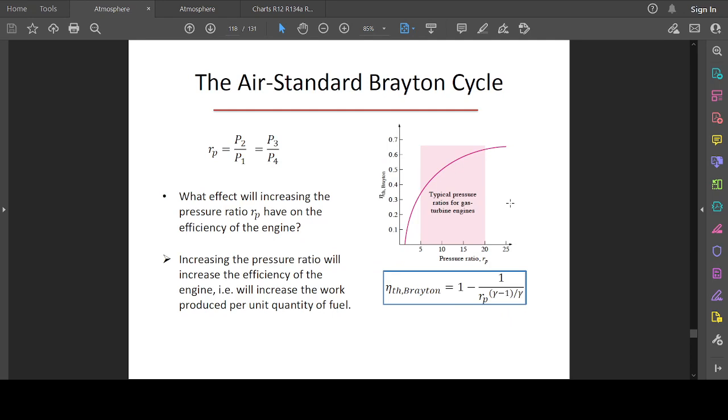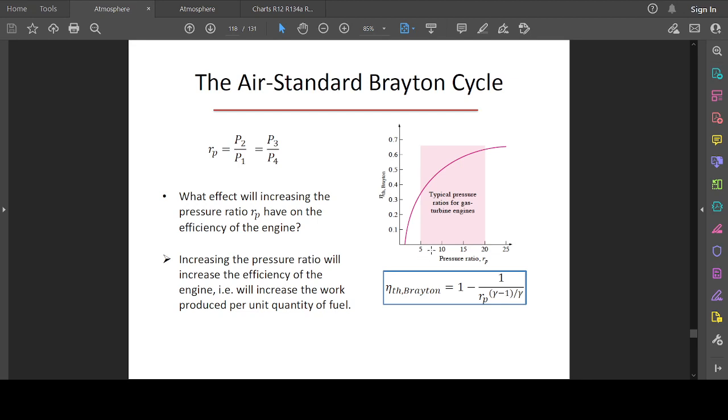The pressure ratio, as we know, will affect the performance of an Air-Standard Brayton cycle. But how does it do it? Increasing the pressure ratio will increase the efficiency of the engine, and this will increase the work produced per unit quantity of fuel.